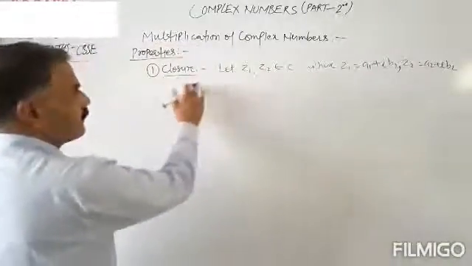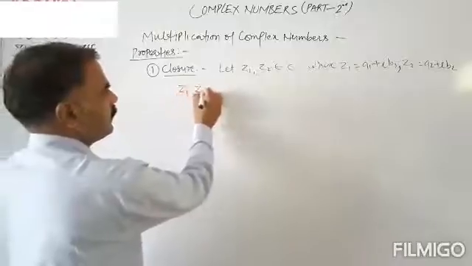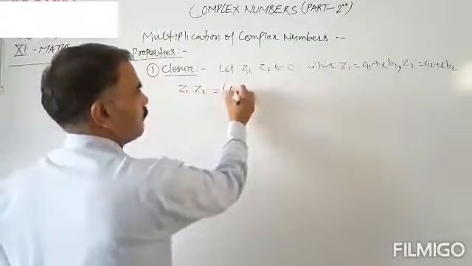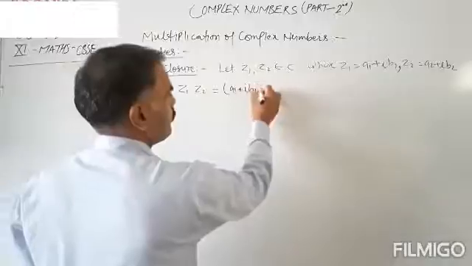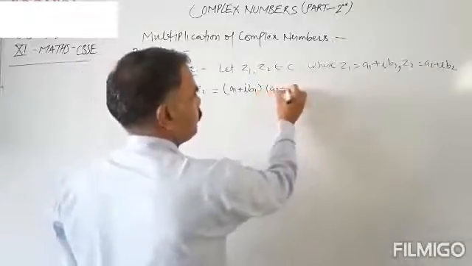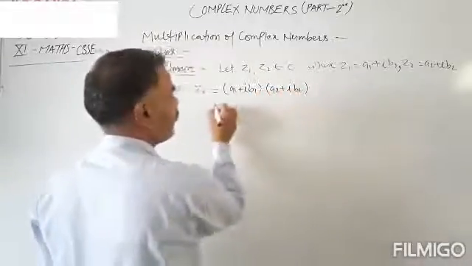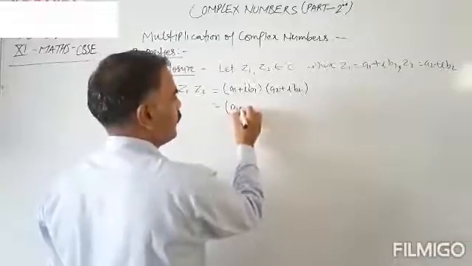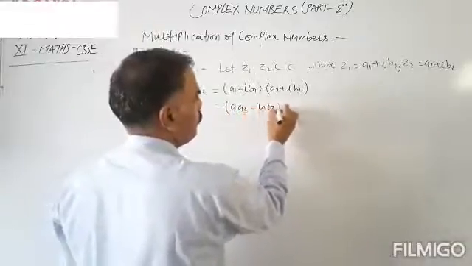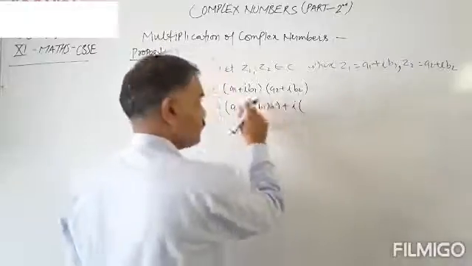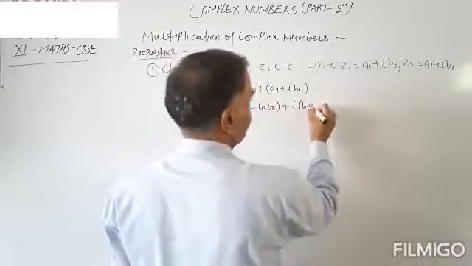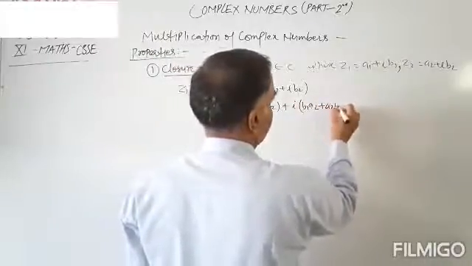Now we are discussing the closure property, that is Z1 into Z2 is equal to A1 plus iota B1 multiplied by A2 plus iota B2, and we have already discussed that this is equal to A1 A2 minus B1 B2 plus iota times (A1 B2 plus A2 B1).